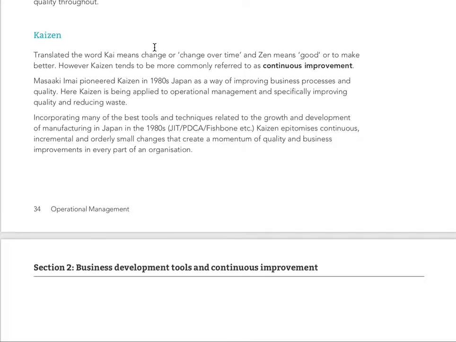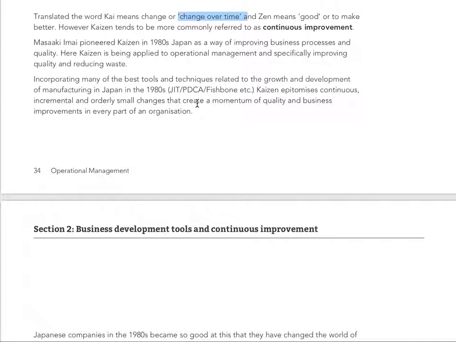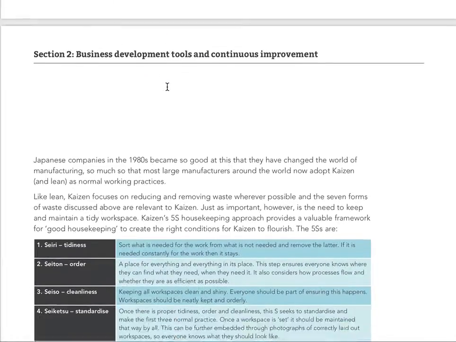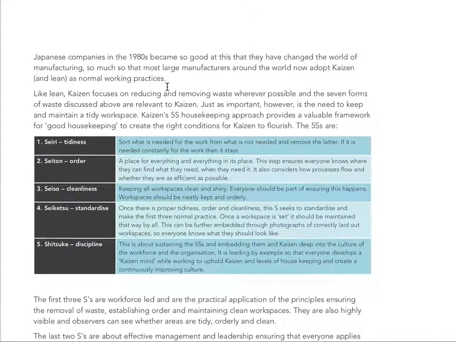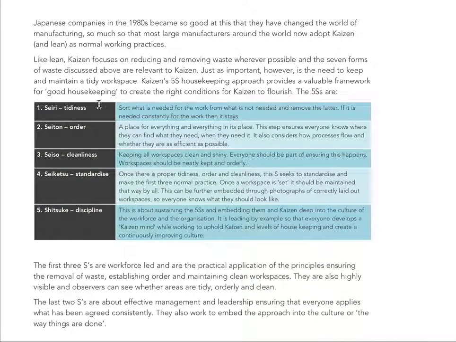The Kaizen model: Kai means change over time, and Zen means good. This model was used a lot in manufacturing, mainly car manufacturing in Japan in the 1980s. It allows you to look at your surgery or place of work through 5 different stages: tidiness, order, cleanliness, standardize, and discipline.